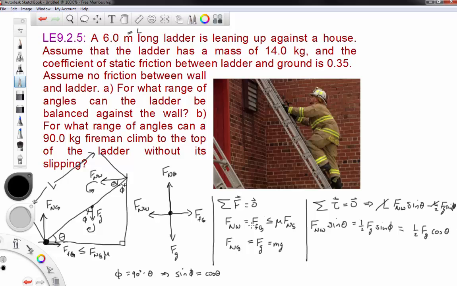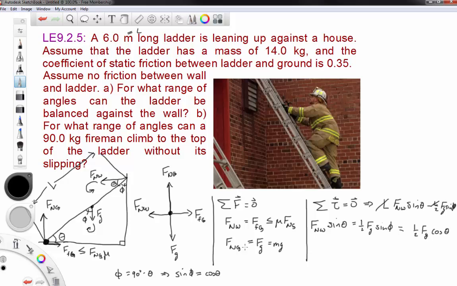All right, so at this point, we now can start combining some equations here. This one right here, the normal force between ladder and wall, was less than or equal to mu times the normal force between ground and ladder. And ground and ladder was equal to mg.